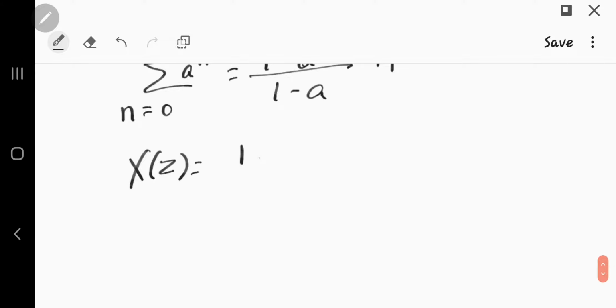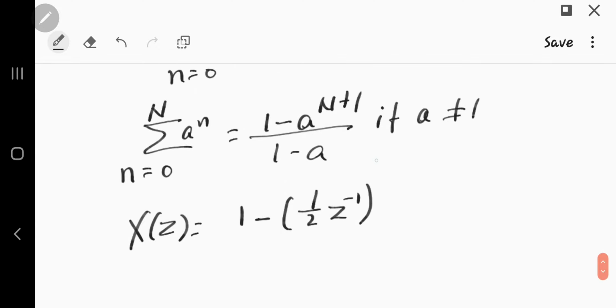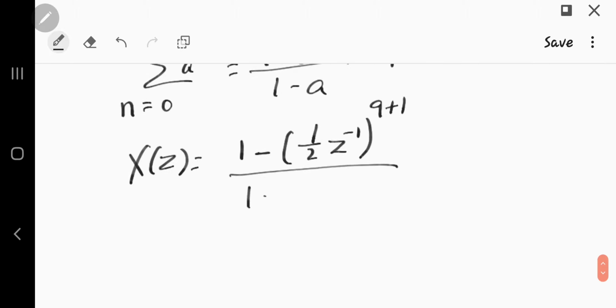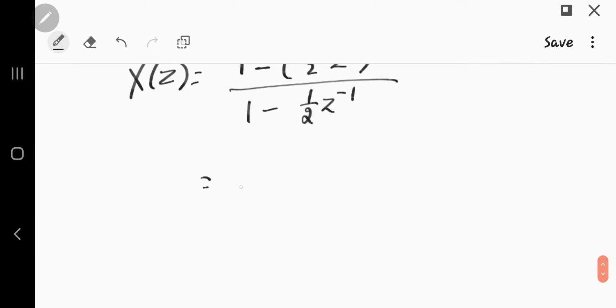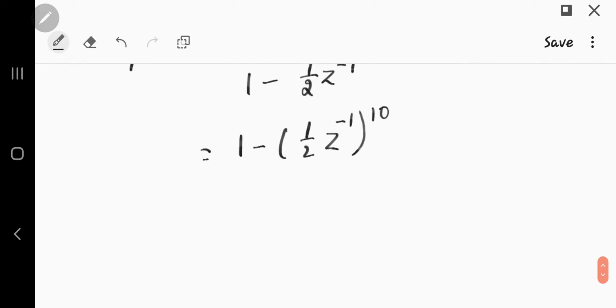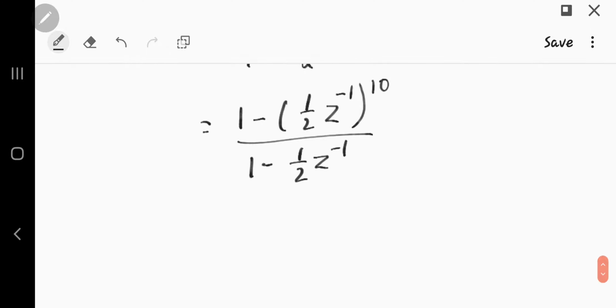So based on that, let's apply this one. X of z is equal to 1 minus, in place of a we have 1 by 2 z inverse, and in place of n we have 9 plus 1, to the power of 10, divided by 1 minus 1 by 2 z inverse.